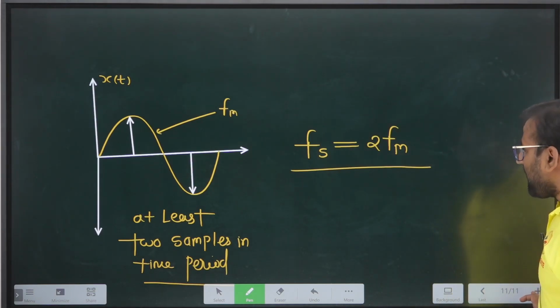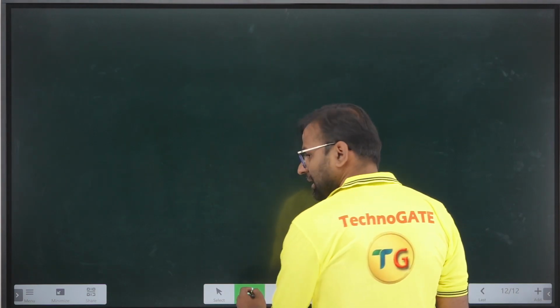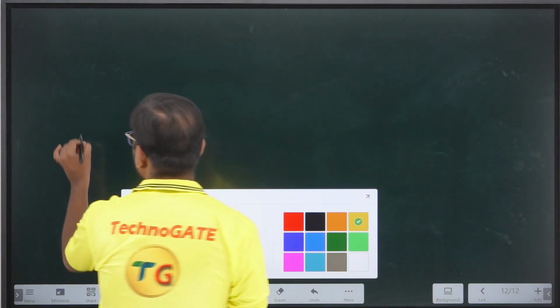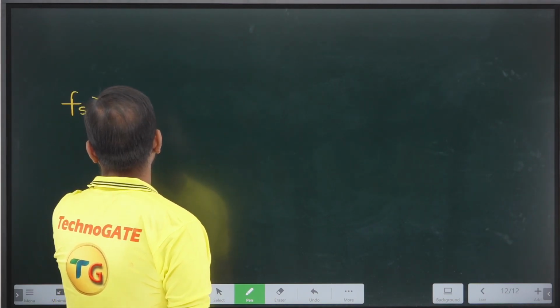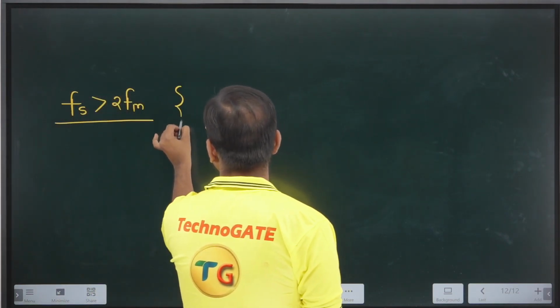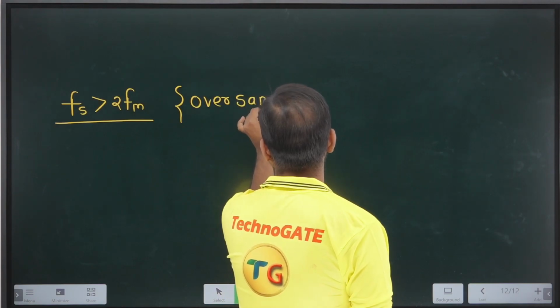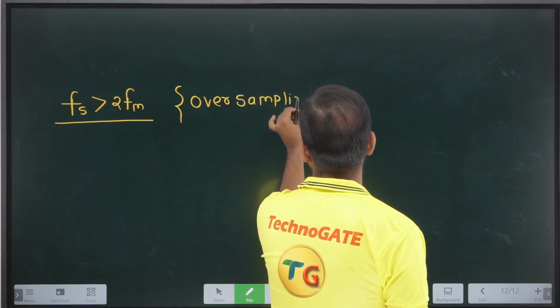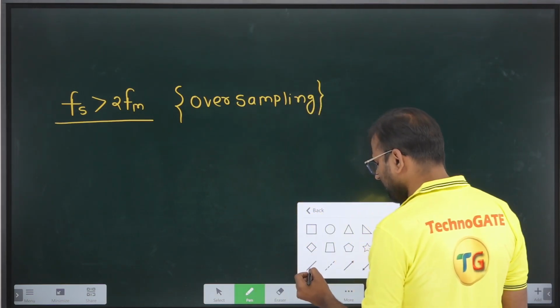What do we understand by the value of fs greater than twice fm? That is the case of oversampling, and oversampling is always good.